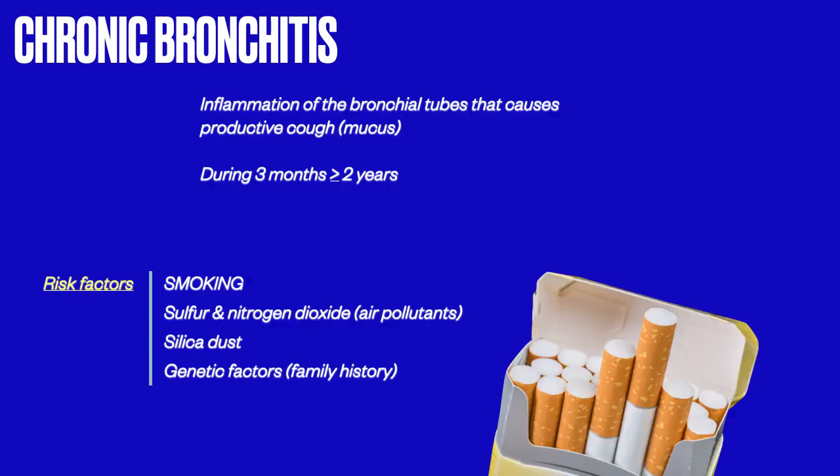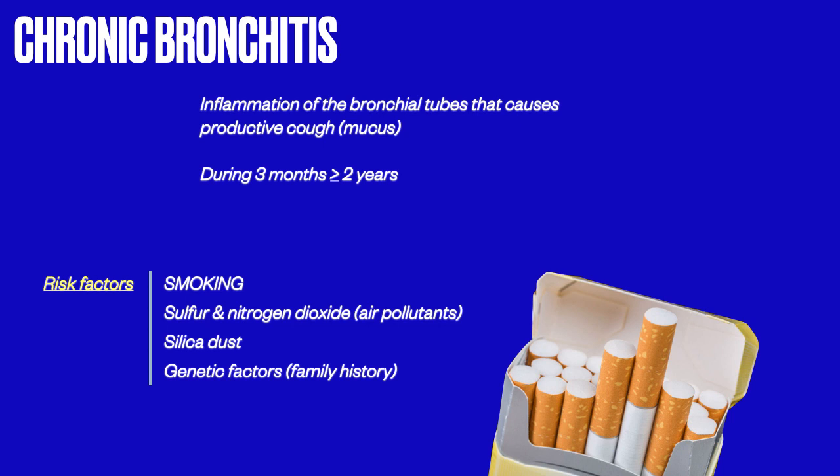Alright, so bronchitis means inflammation of the bronchial tubes in the lung. And it's said to be chronic when it causes a productive cough, which means it produces mucus, for at least 3 months each year for 2 or more years.